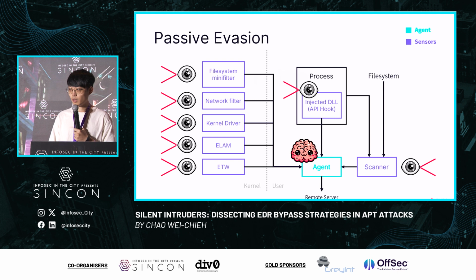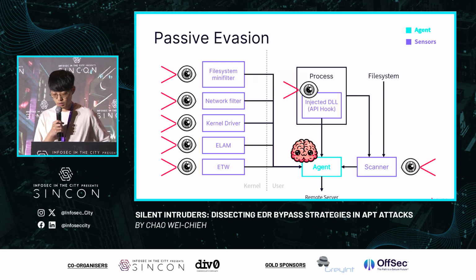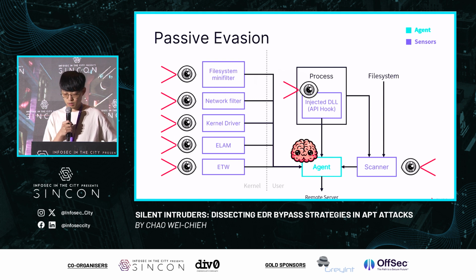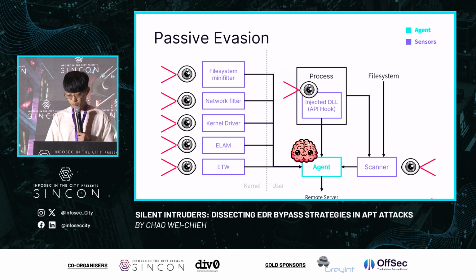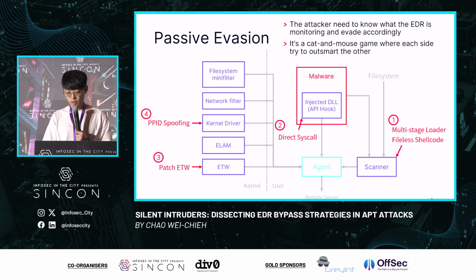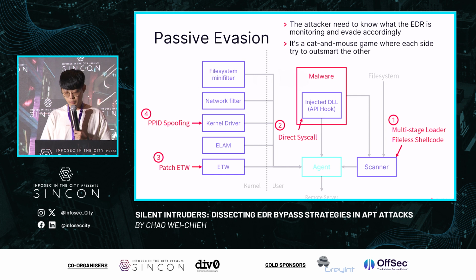Instead of active manipulation on the agent, the attacker can try to avoid being seen by the sensors. This is a more stealthy way to evade detection. In this kind of method, the attacker needs to know what the EDR is monitoring and evade each sensor accordingly.